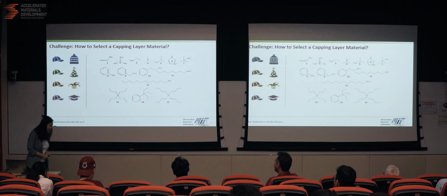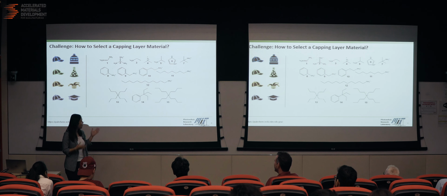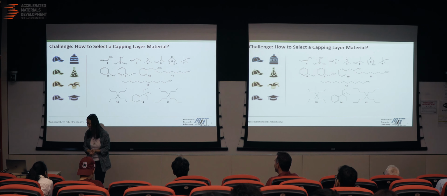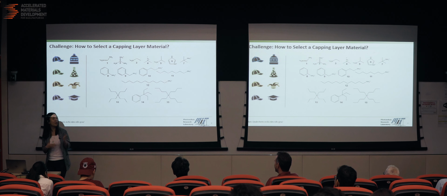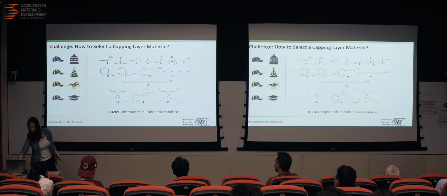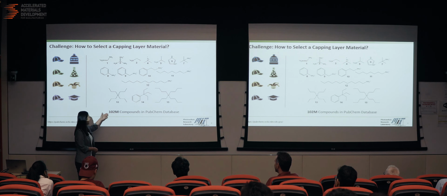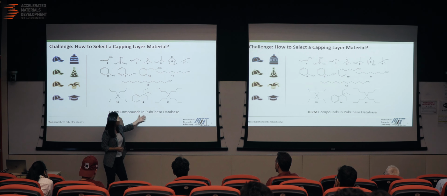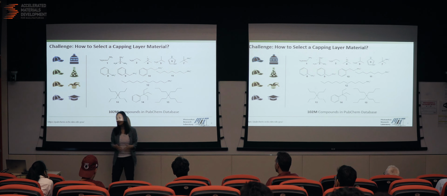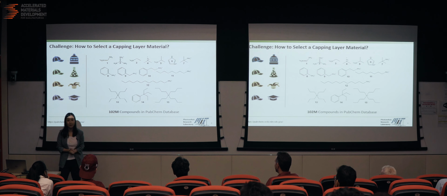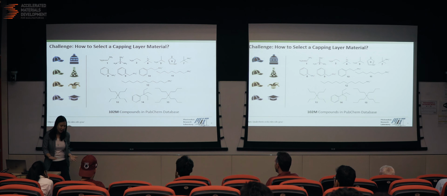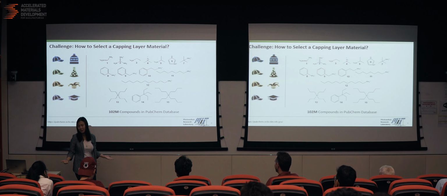As an inorganic chemist by training, I often really admire my colleagues working in organic chemistry. For them, the choice becomes even larger. To tell you the reality, we actually have at the moment 102 million compounds in the PubChem database. There are so many choices. We need to find a rule to guide us to design new capping layers.